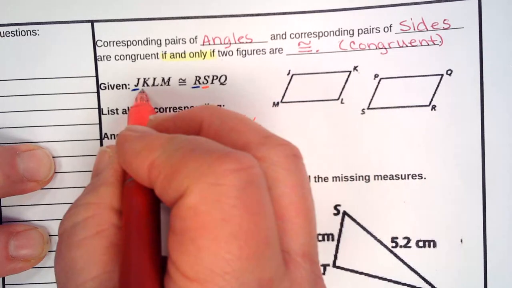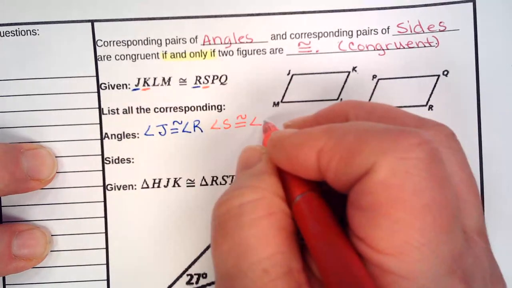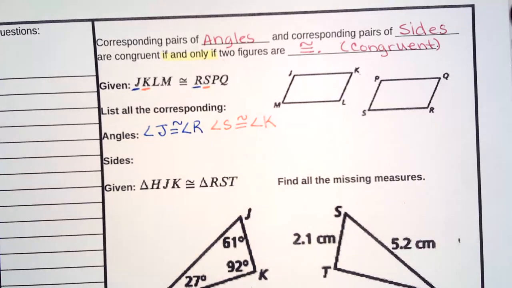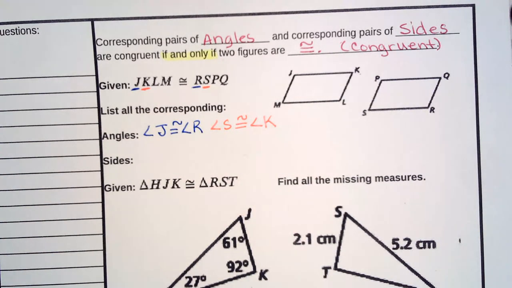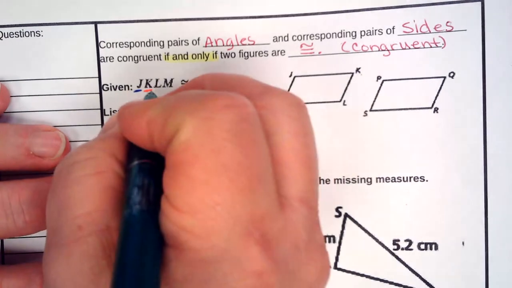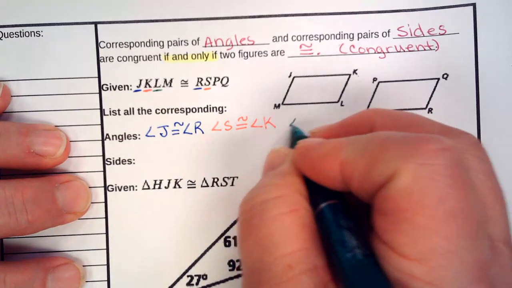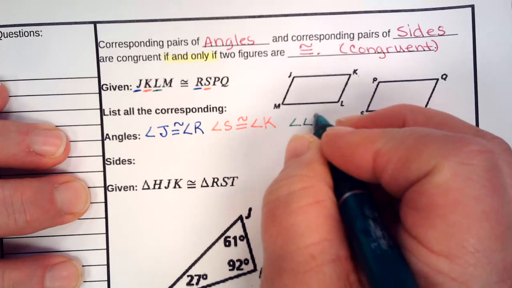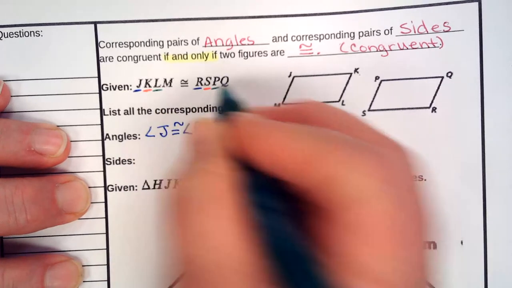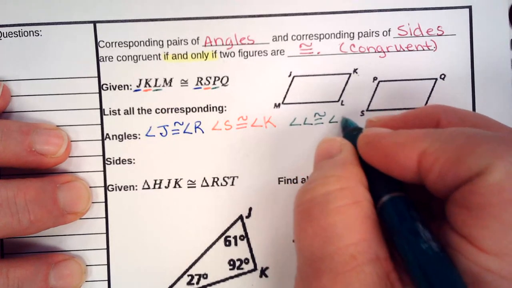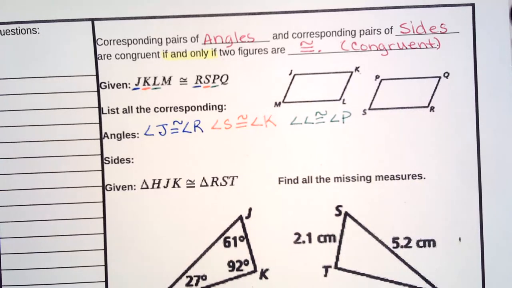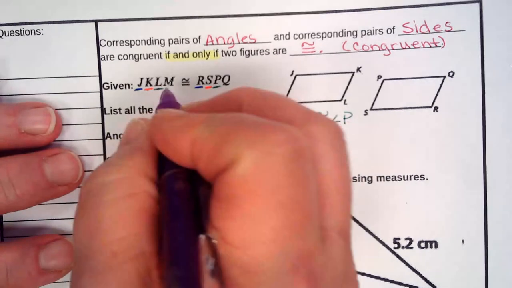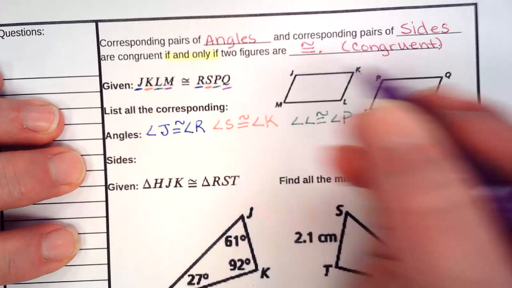Angle S is the second. Angle K is the second. What about angle L? Angle P is the third. And the last pairs, M and Q.